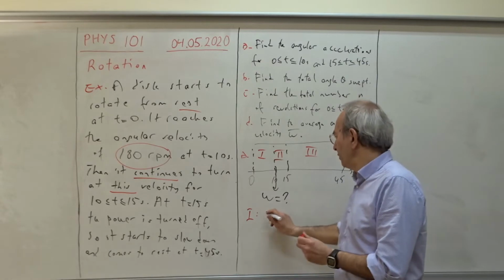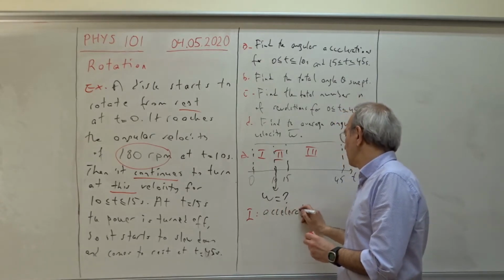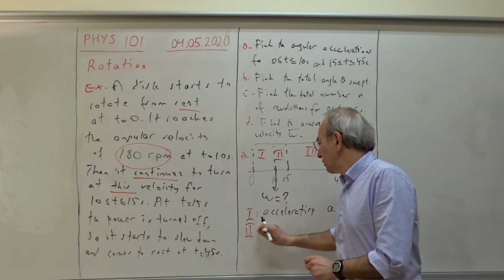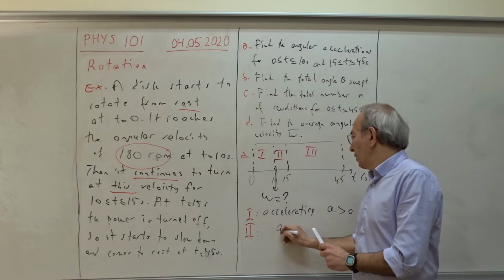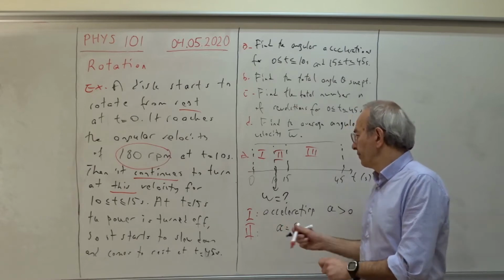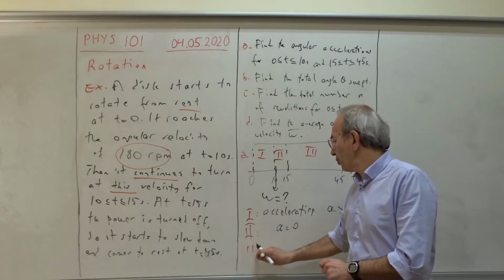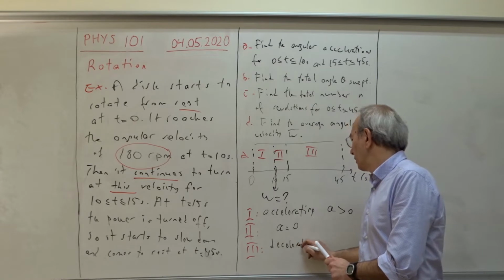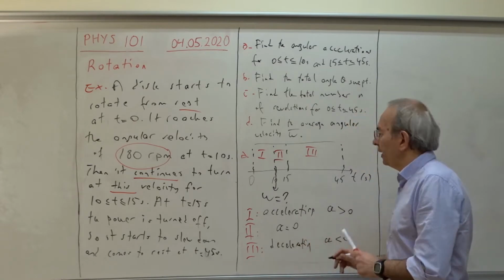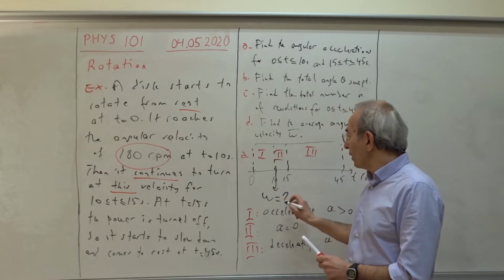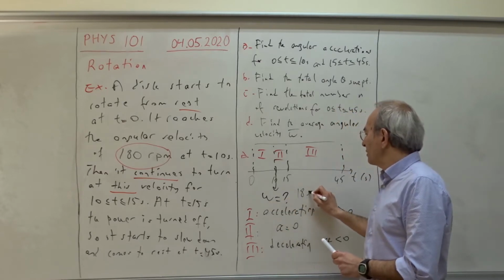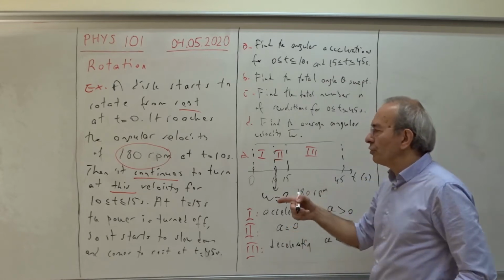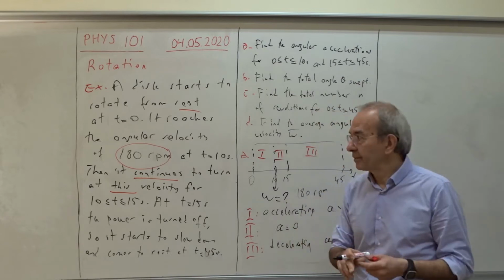Therefore, let me first group the 3 parts. First part is accelerating part. So there is a certain alpha which is positive. Second part is constant speed, so alpha is 0. We understand from the problem. And the third part is simply decelerating part. Therefore, alpha is negative. And this omega is given indeed, but it is given, as I said, in a different unit, RPM, revolutions per minute. So we should convert it to radians per second.